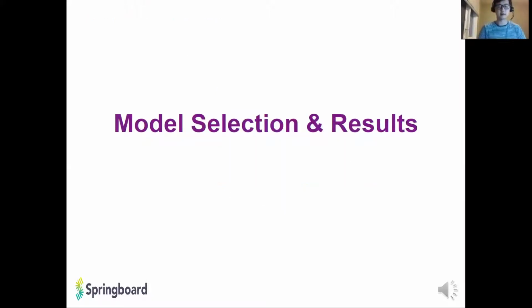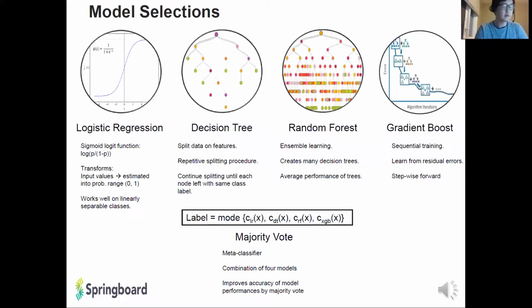So now let me talk about the model selection and the results. In terms of model selection, I ended up testing 4 different models, and then my 5th model is a combined model, which I'm going to talk about soon.